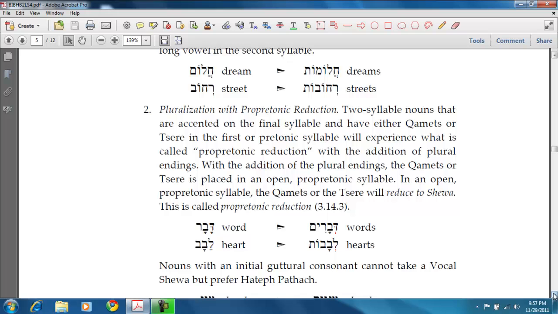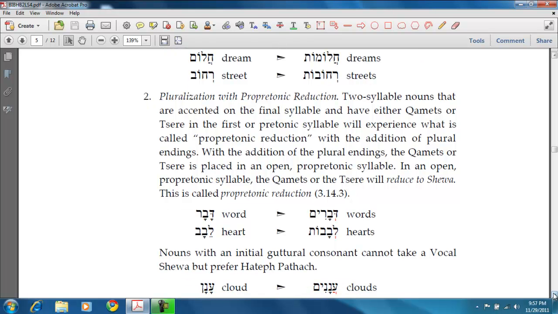The second part is pluralization with propretonic reduction. There are two-syllable nouns that are accented on the final syllable and have either a kamatz or tsere in the first, or pretonic, syllable, which will experience what is called propretonic reduction with the addition of plural endings.